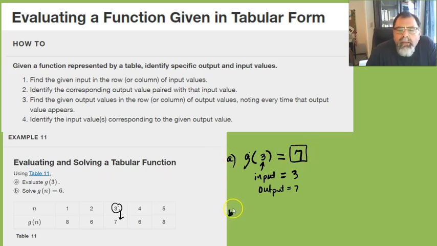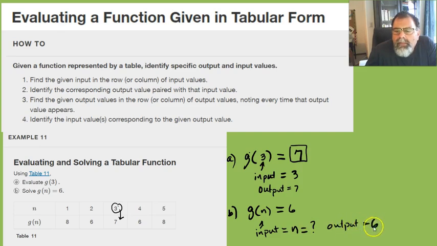And then B, solve g of n is equal to 6. So we're saying the input is n, which equals what, to give me an output equal to 6.